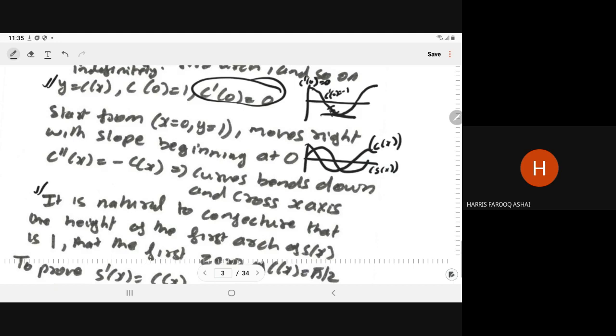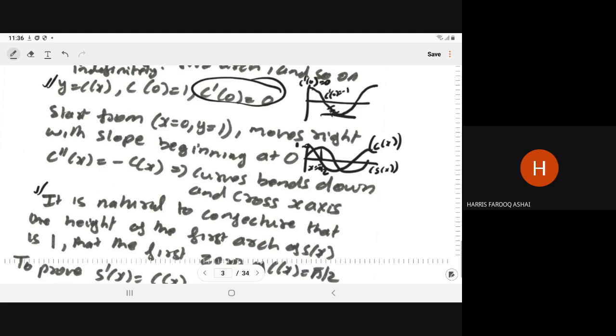So whatever the height at x equal to pi by 2 for the Sx is 1. And at pi by 2, what do we have?